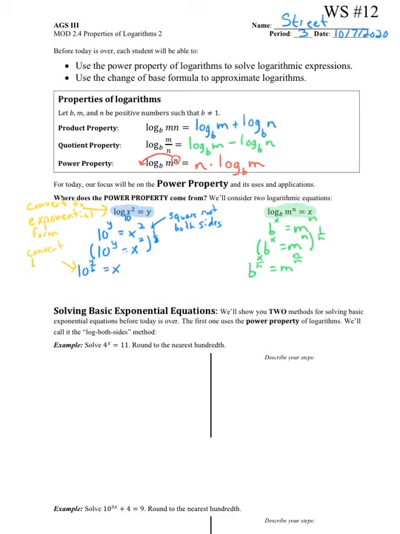I'm going to convert back to logarithmic form. And when we convert it back, we're going to see a slightly different problem here. So base 10 becomes base 10, so log base 10 of x equals y over 2.